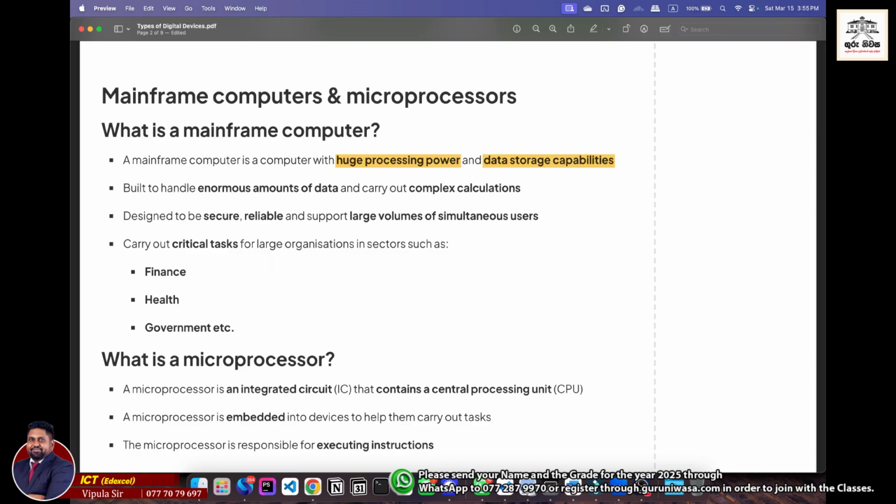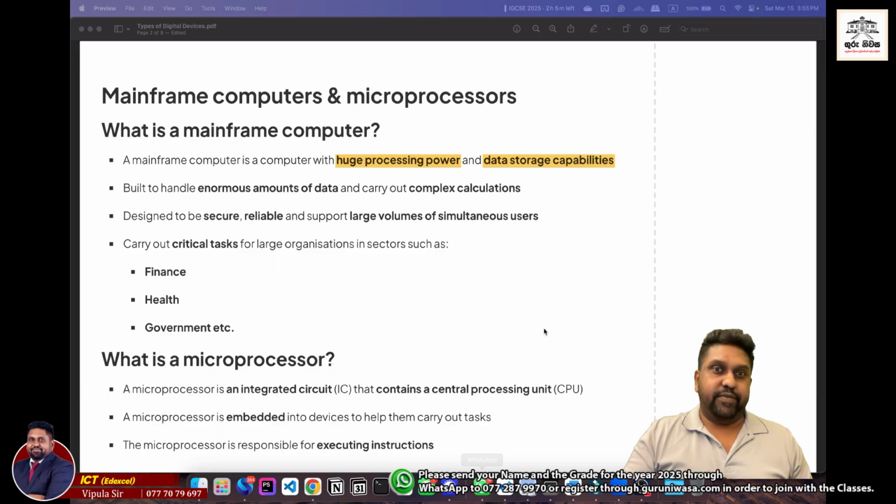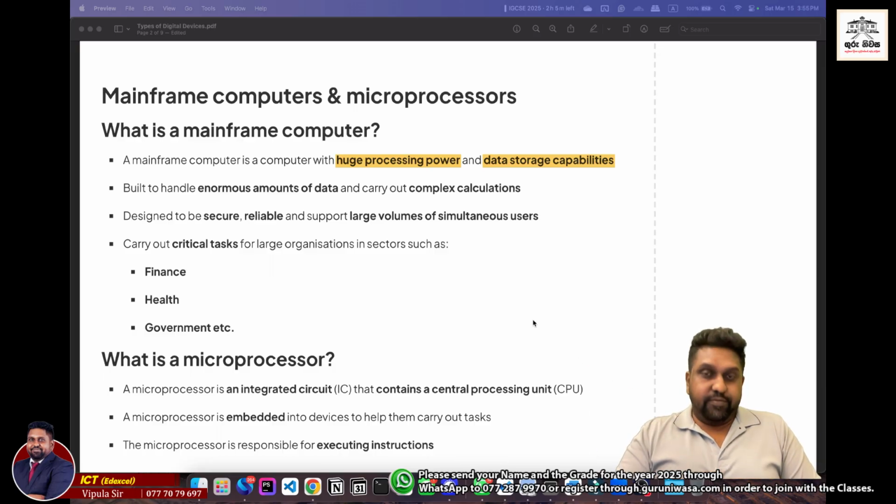So a mainframe computer is a computer which has large or huge processing power and large or massive storage capabilities. They are built to handle enormous amounts of data and carry out complex calculations.